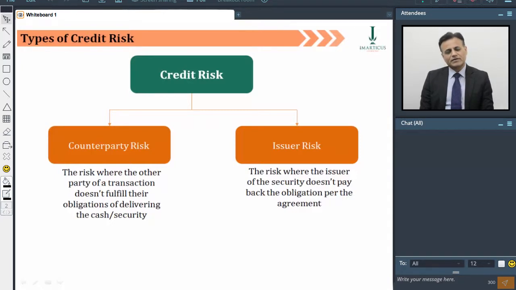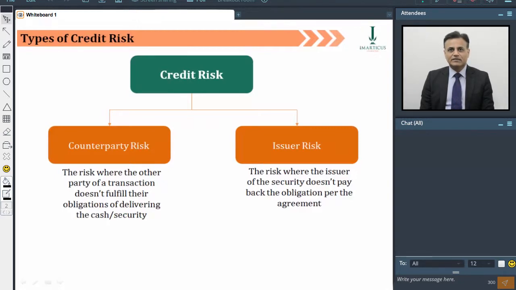We can also look at credit risk in two different ways. One is the counterparty risk and the other one is the issuer risk. A counterparty is someone whom you've dealt as far as a loan is concerned.